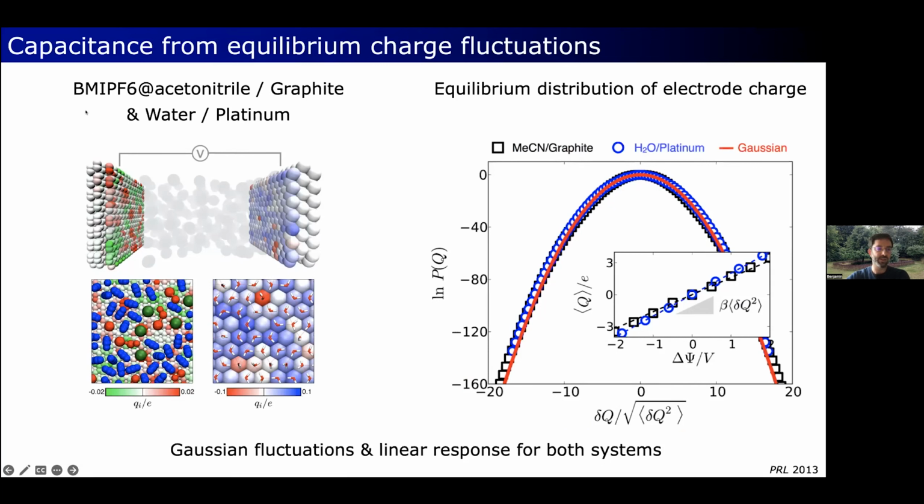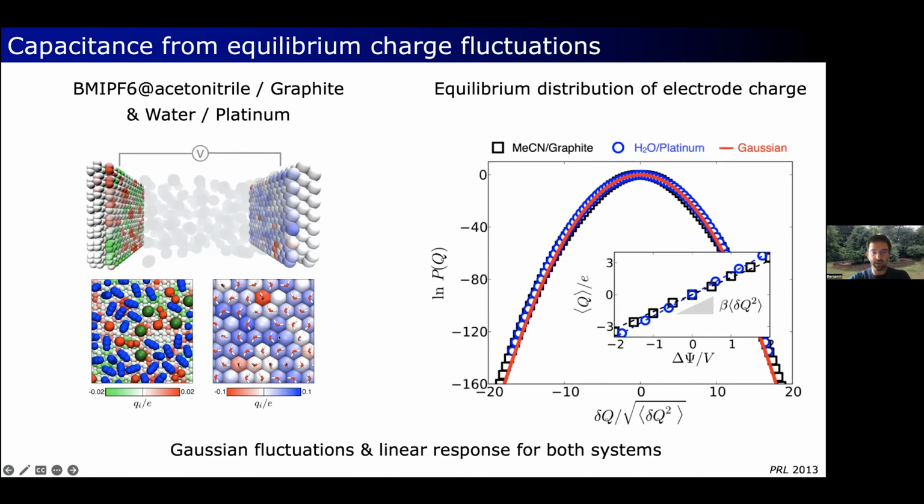So the first system is an electrolyte with butyl methyl imidazolium hexafluorophosphate in acetonitrile using a coarse grain model that you see here. So this is the first layer of adsorbed liquid at the interface with a graphite electrode. And the other system we considered in that study was pure water between platinum electrodes.